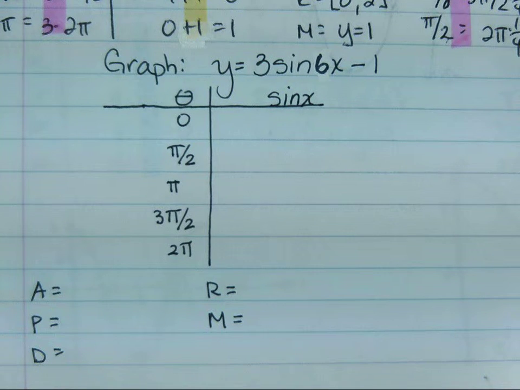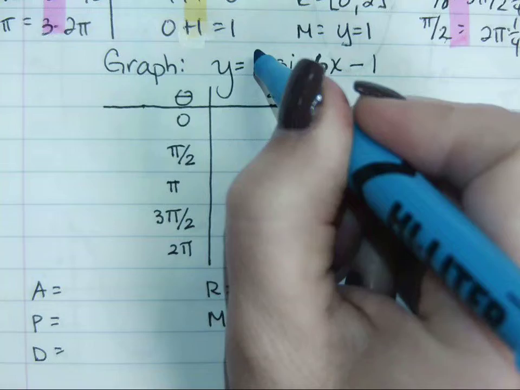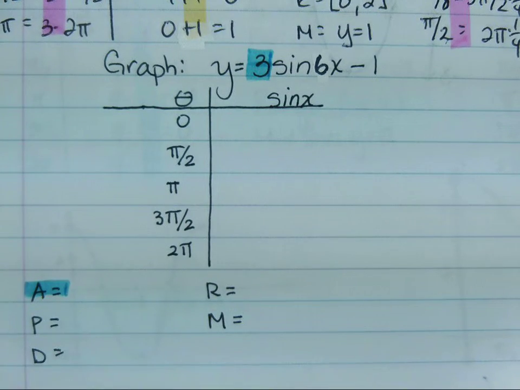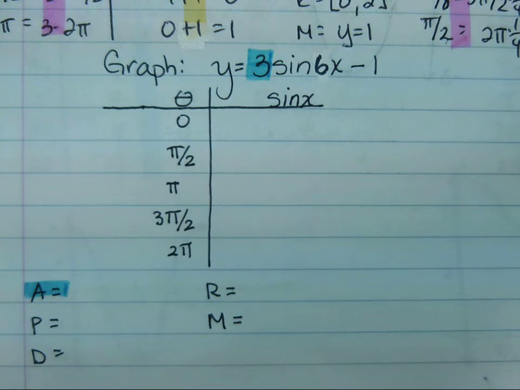So for this example, we're going to put together everything that we have discussed for amplitude, period, and a vertical shift. And so you can see that our A value right here, this is going to be our amplitude, and that's going to help us with our stretch of our graph.